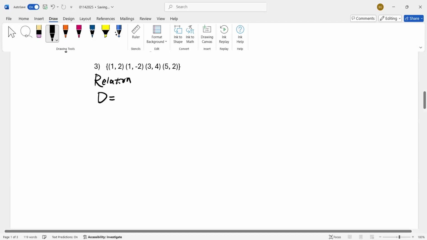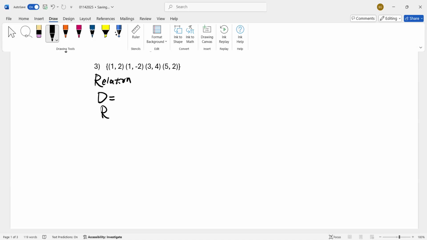Let's find the domain and range for the relation. The domain, we look at the first component, the yellow, I color it as yellow, 1, 1, 3, 5. Remember, repeating element only write it once. So it's 1, 3, 5. We use commas to separate members in a set.